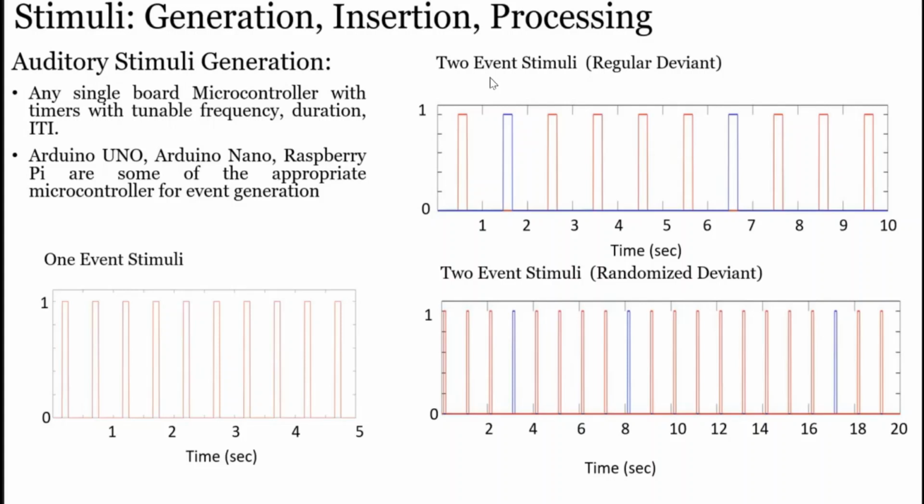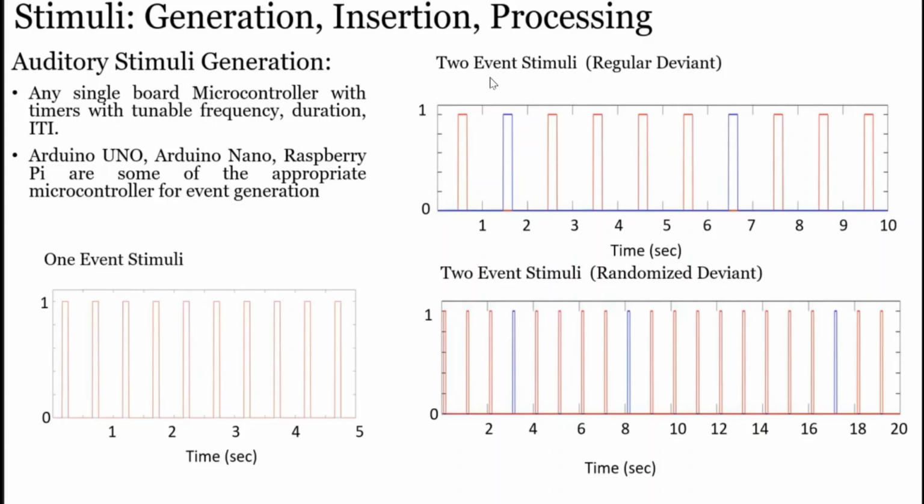In the two event stimuli, if you focus, you can see some regularity in the blue colored deviant. The red color is more frequent and is known as standard. The blue color occurs rarely, being less frequent, and is known as deviant. In the top two event stimulus, the blue deviant occurs after 4 standards, a constant pattern.